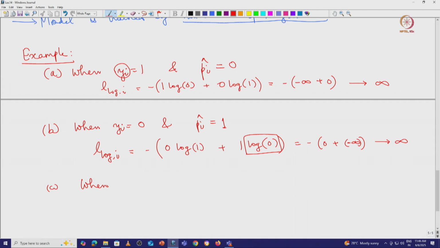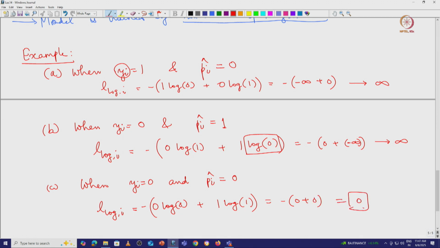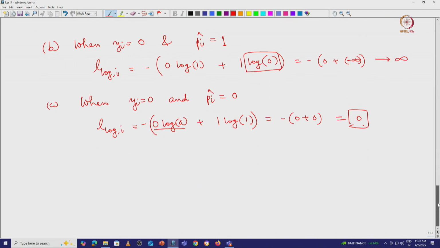So for example when yi is 0 and pi hat is also 0, then the loss becomes minus of yi log pi hat plus 1 minus yi log of 1 minus pi hat. So this will become 0 plus 0, that is equal to 0, right. Again you may have to define log 0 as 0 when you are implementing this numerically.